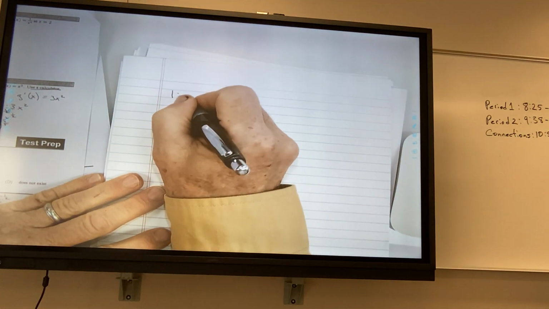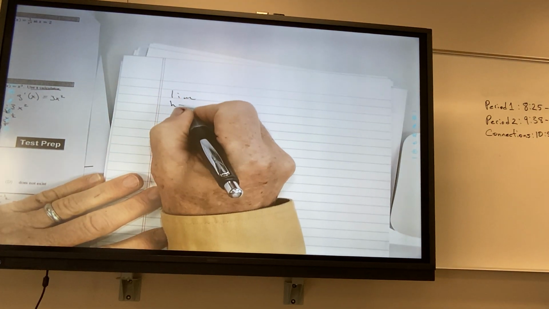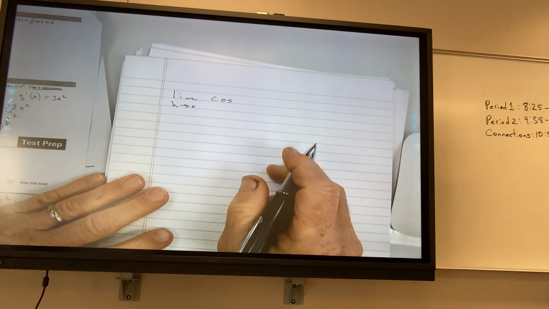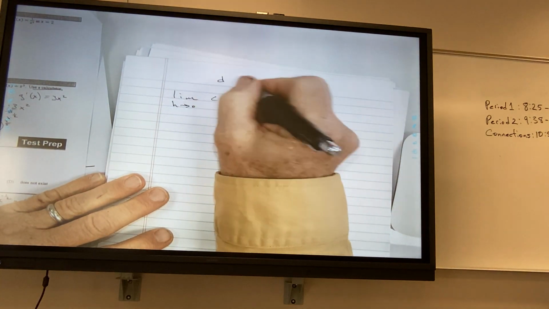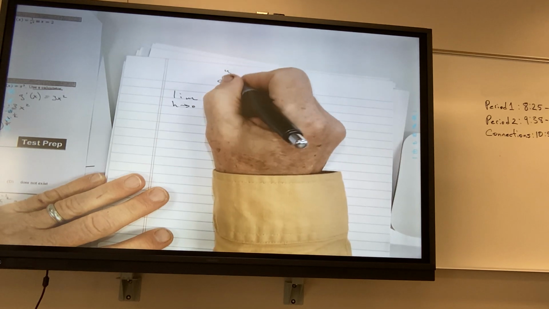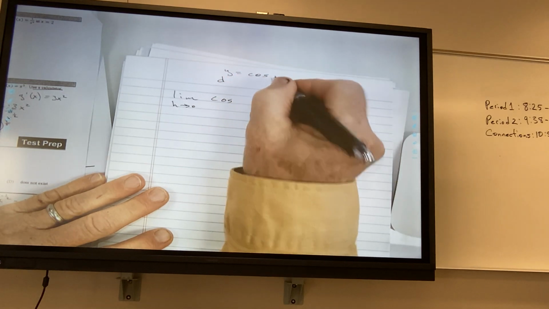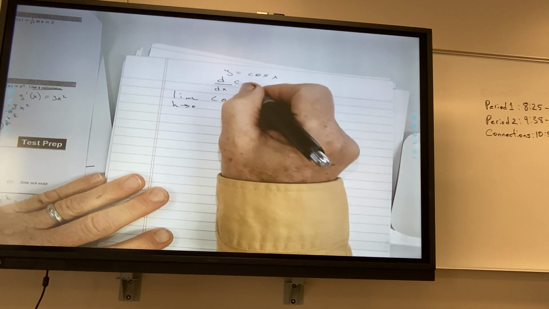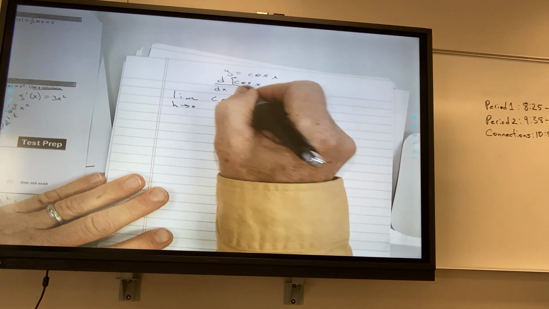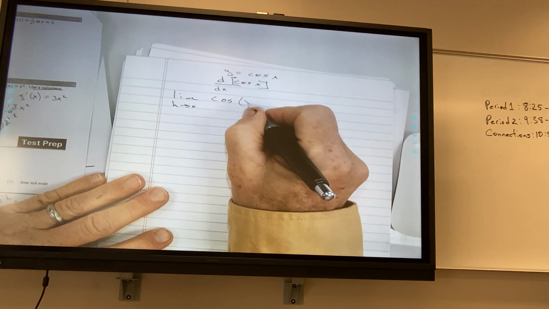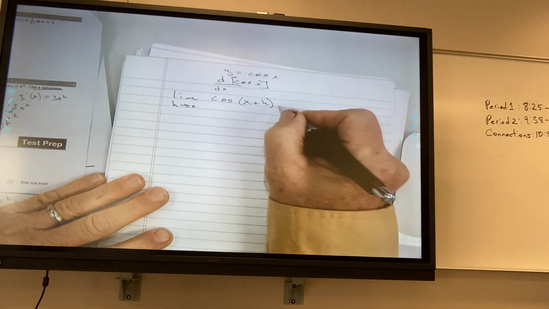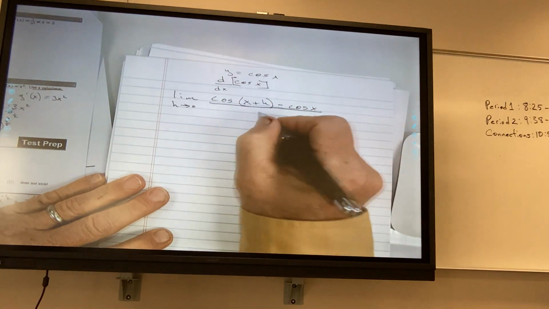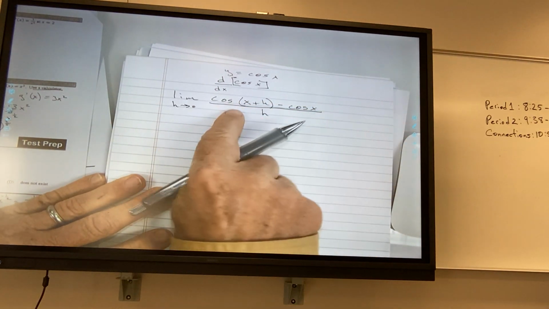So now I'm gonna take the limit as h goes to 0. I'm going to show you what the derivative of cosine of x is. It's gonna be the cosine of x plus h minus the cosine of x over h. So I'm gonna expand that.